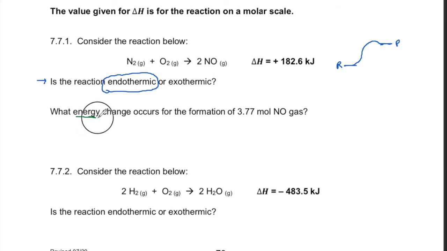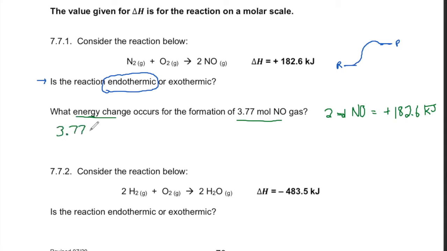Next, we are asked for the energy change that is associated with 3.77 moles of NO gas. So 2 moles of NO gas, commonly called nitric oxide, is associated with an energy change of 182.6 kilojoules. So this is the relationship. For every 2 moles of NO that are produced, 182.6 kilojoules of energy are required to be put in.